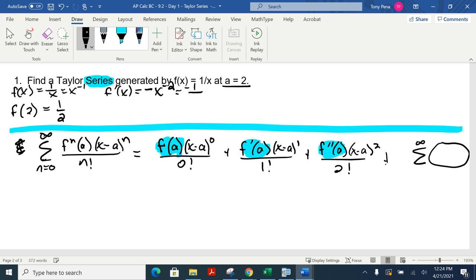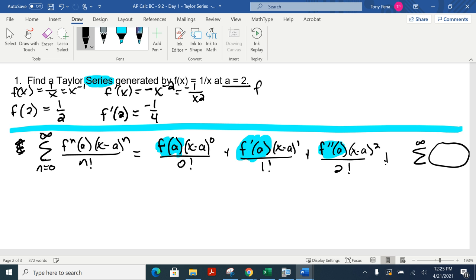Which is just a negative 1 over x squared. So that if we now find f primed of 2, you would get a negative 1 over 2 squared. So that's a negative 1/4. So when we start filling all of this in, that's this value right here. We're going to slot that in for f primed of a.